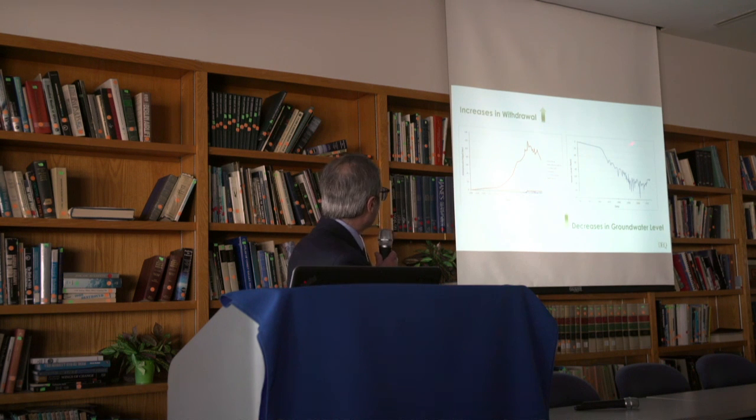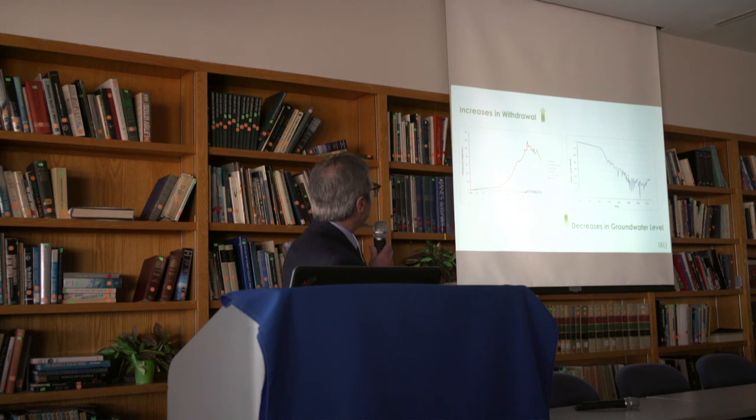Our regulatory program came into effect right here at the peak, when we started to see impacts in declining water levels and concerns about other associated impacts. That's when we started managing. Obviously, as groundwater withdrawal increases, water levels decrease, and therefore so does the associated land subsidence.